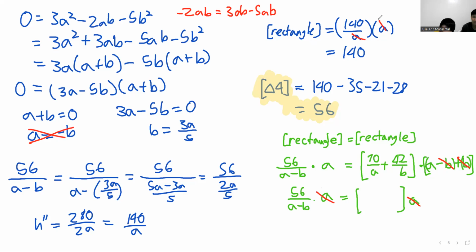So 56 over A minus B... you could have combined already. 70 over A plus 42 over B equals... AB, 70B plus 42A.